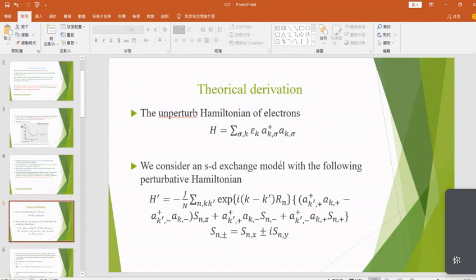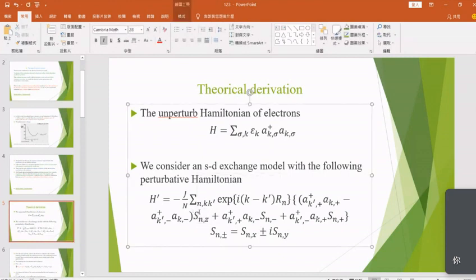And then the first term: this S is the spin of the impurity, and because S_z acting on the impurity spin state will not change the spin of the impurity, the electron spin will not change.